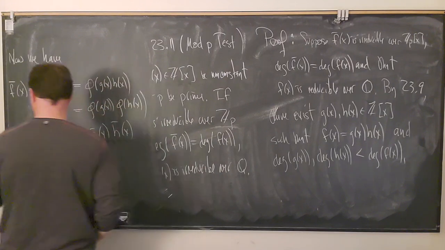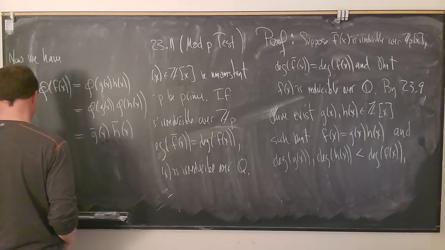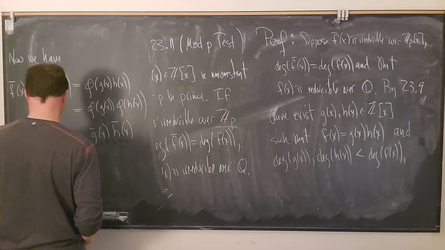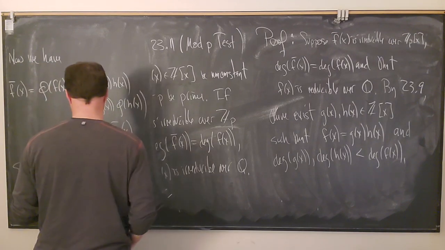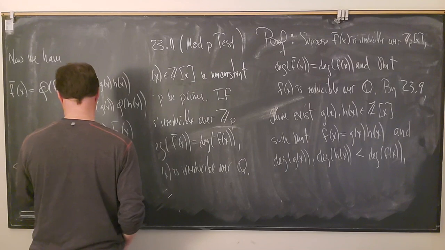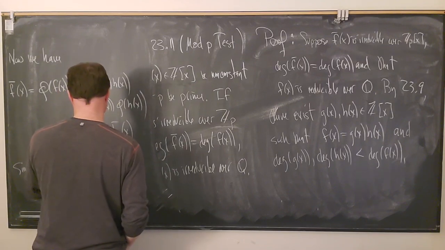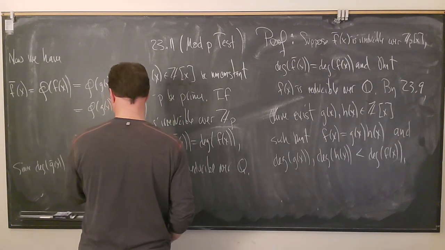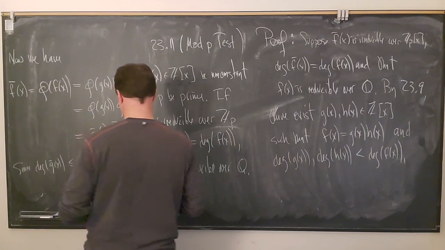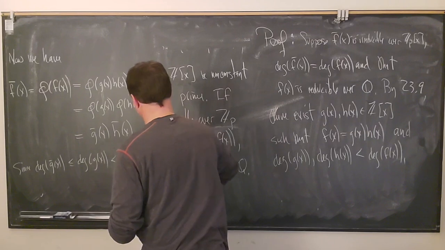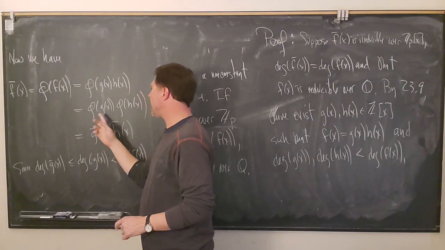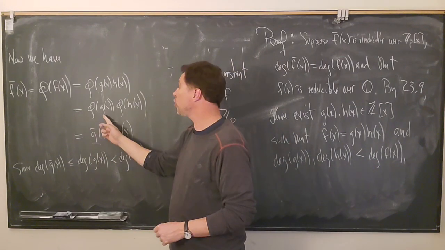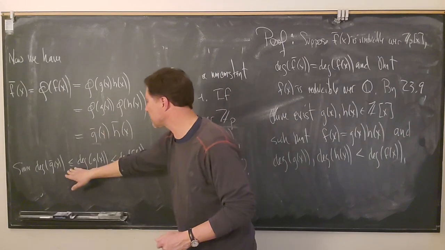So the degree of g bar of x is less than or equal to the degree of g of x, which is strictly less than the degree of f of x. When you reduce a polynomial mod p, it's possible to kill off the leading coefficient. So when you apply phi, the degree of g bar could be less than the degree of g of x. That's why I've got this less than or equal to.